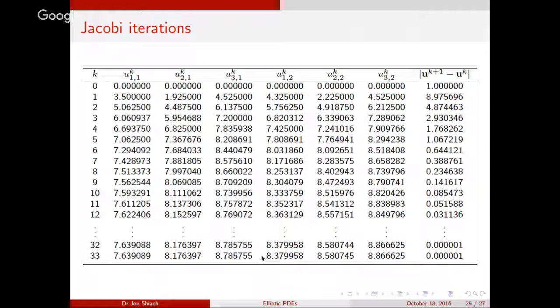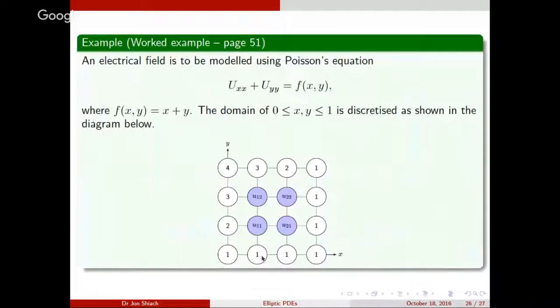You can see those are our first iteration values, second, etc. I used the absolute error here, and you can see it goes smaller and smaller until after 33 iterations. This has probably been rounded to 6 decimal places. That's the Jacobi method.